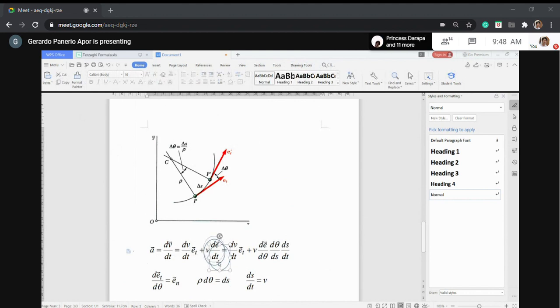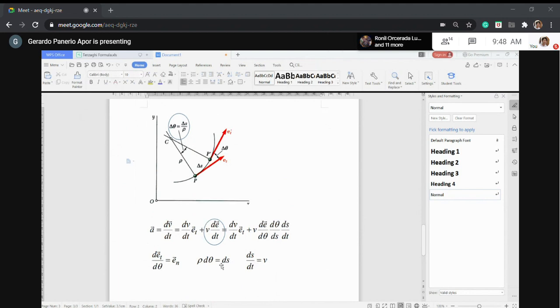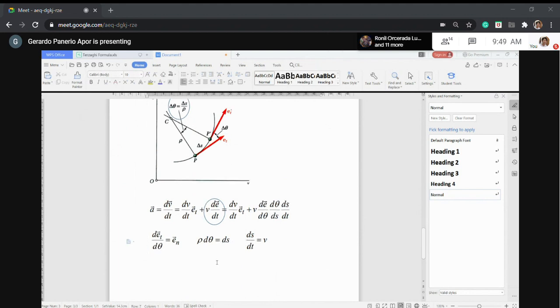That rho d theta is the ds, the arc length. So substituting all of this.